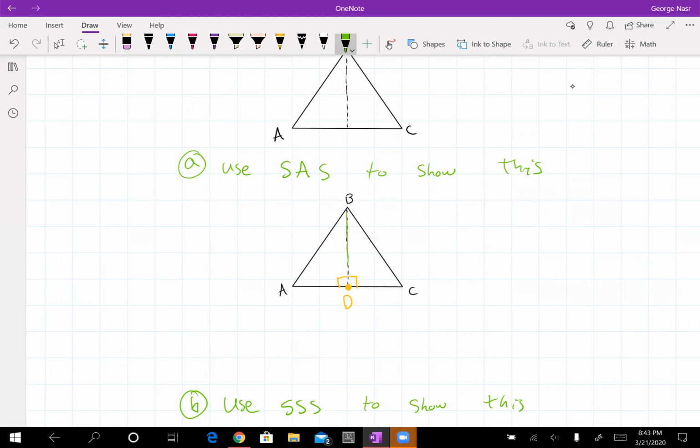Let's use this side, angle here, and this side, and also that side. And just to be clear, my triangles here are BDC and BAD.